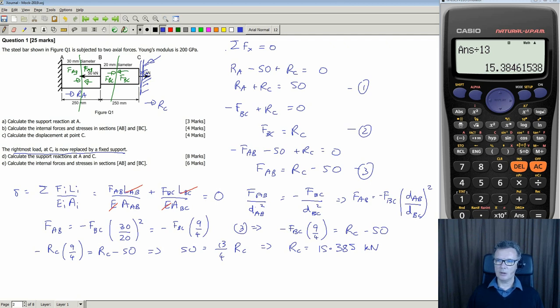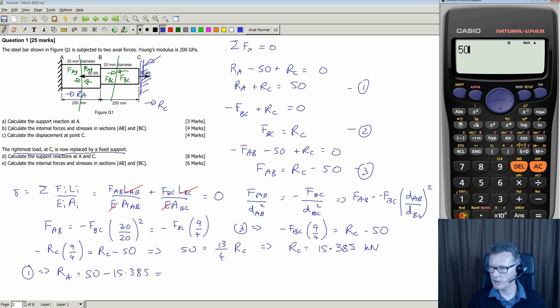So that's my RC value. And now let's go to equation 1. We want the reactions. So equation 1 therefore is going to give me RA equals 50 take away 15.385.